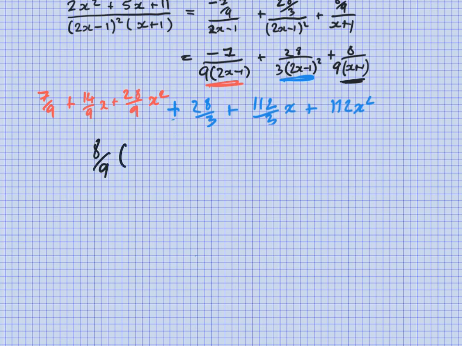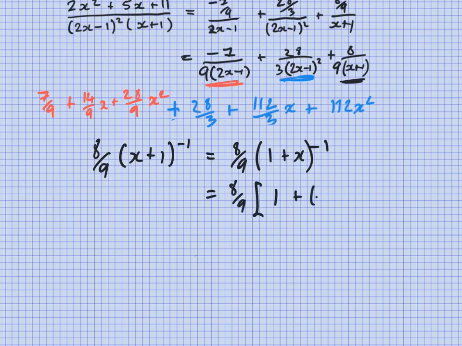The final part will be 8 over 9 times x plus 1 to the minus 1, which I'll just rewrite as 8 over 9 times 1 plus x to the minus 1. Again, use the rules. The expansion that we've seen, we go 1 plus minus 1 times x plus n times n minus 1 over 2 factorial times x squared.